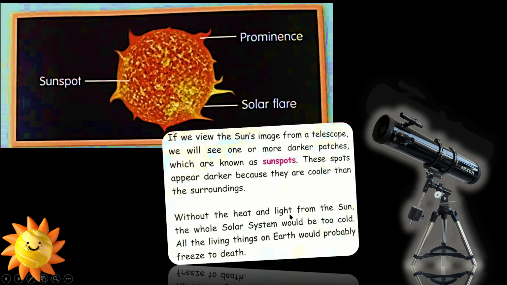So without the heat and light from the sun, the whole solar system would be too cold. Okay? And the living things on Earth would probably freeze to death. Because if there is no sun, it will be very, very cold.